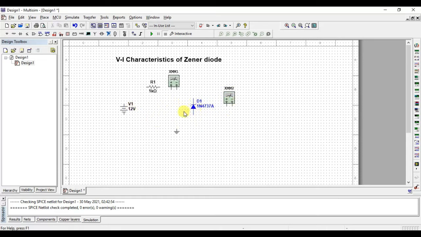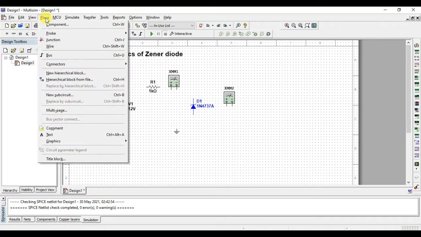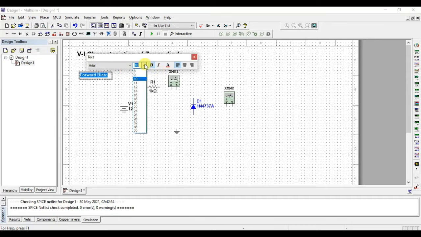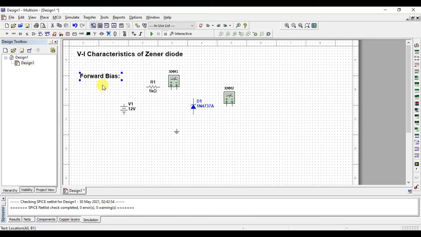First of all we will design the circuit in forward bias condition. So I am designing the circuit in forward bias condition.